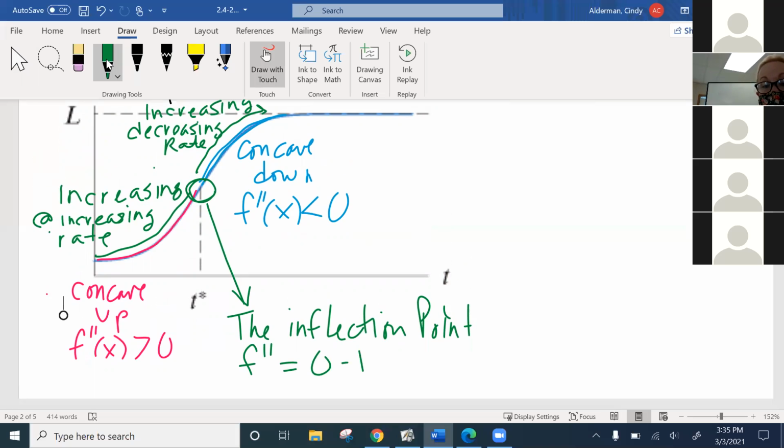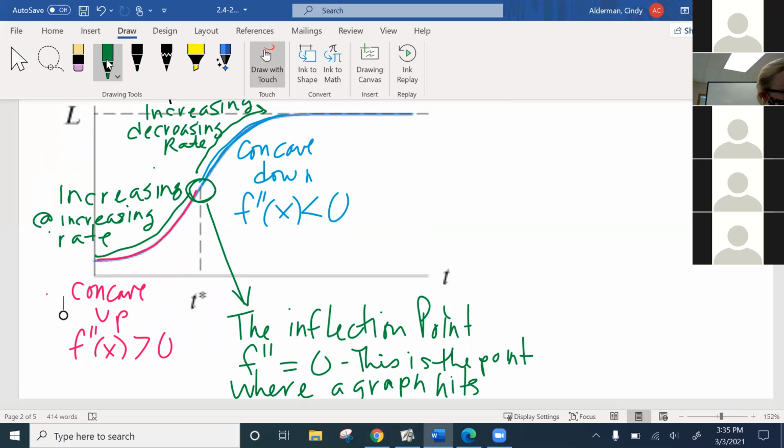And technically, this is the point where a graph hits a max rate. And you could say a max rate of increasing.